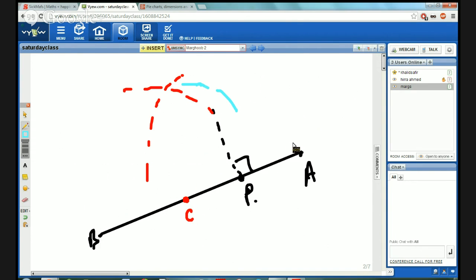You can make up to the length of C to A maybe, but anywhere between P and A from C. So from there to there, you go around, make your arc, put the sharp on the other side, make your arc, and then you've got a point that is equidistant from A and C. Equidistant means same distance, equal distance. Then you can just draw it and you're done.